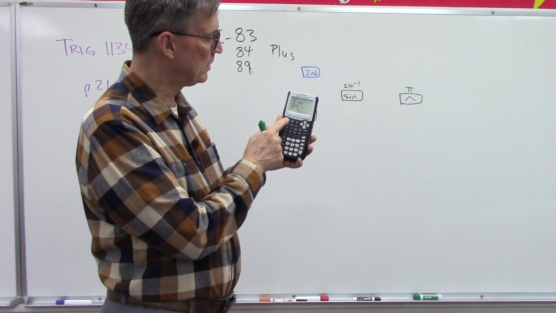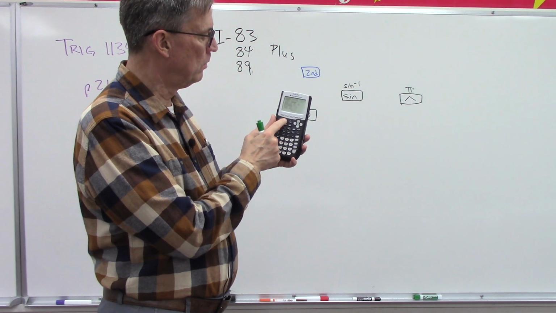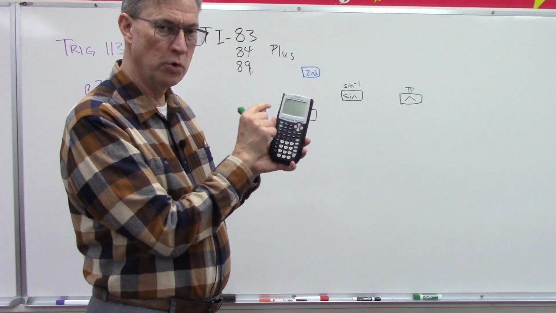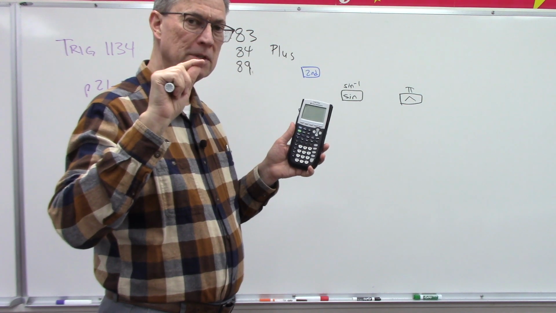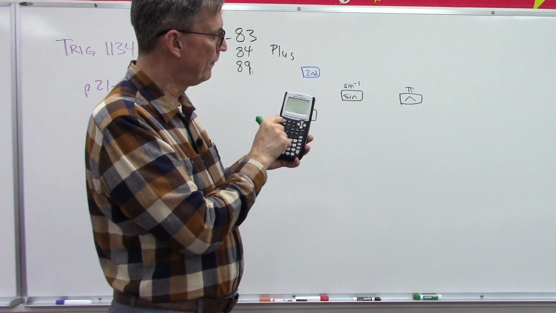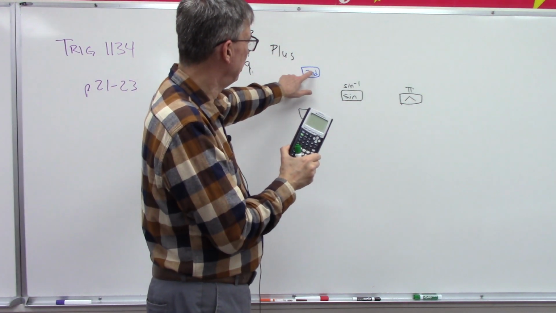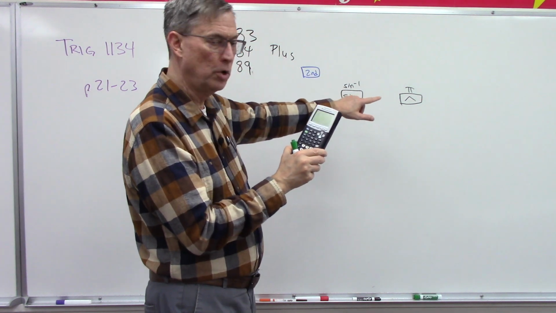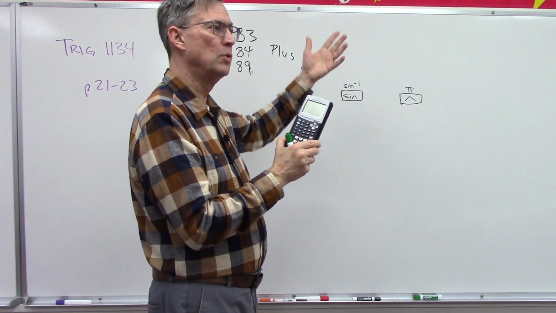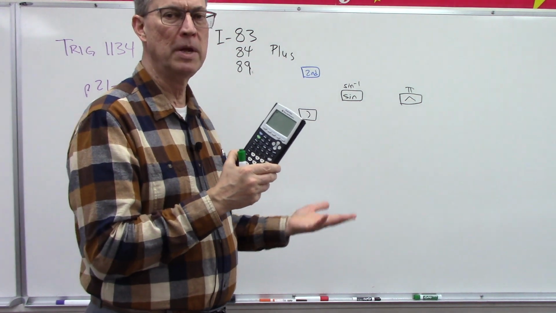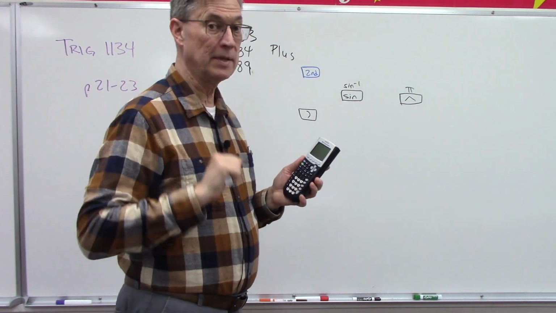Then it says hit second function mode. Notice above the word mode in blue it says quit, so if you hit the second function button and then the mode button again, it takes you out of that menu. It quits the menu, but it saved that setting, okay?